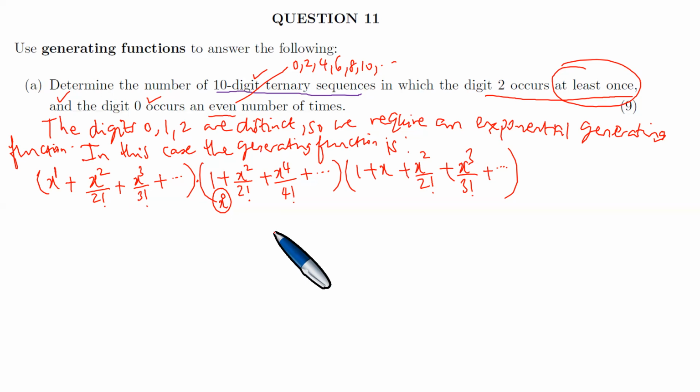Remember that we're dealing with the number of ternary sequences. What are the ternary sequences? Because we're dealing with 10-digit ternary sequences in which we have that.